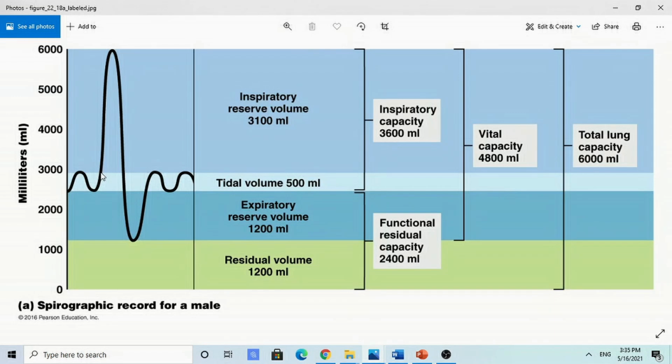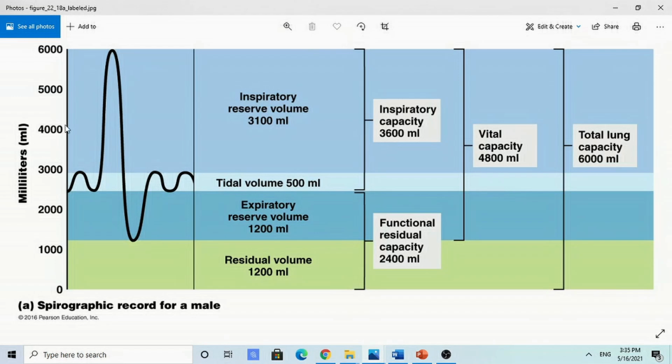If we apply effort and further breathe in, we can breathe this much, which is around 3 liters, or 3000 milliliters, from here to here. So this additional amount of air which we can breathe in with effort after breathing the normal amount is known as inspiratory reserve volume, and it is shown to be around 3 liters and 100 ml.